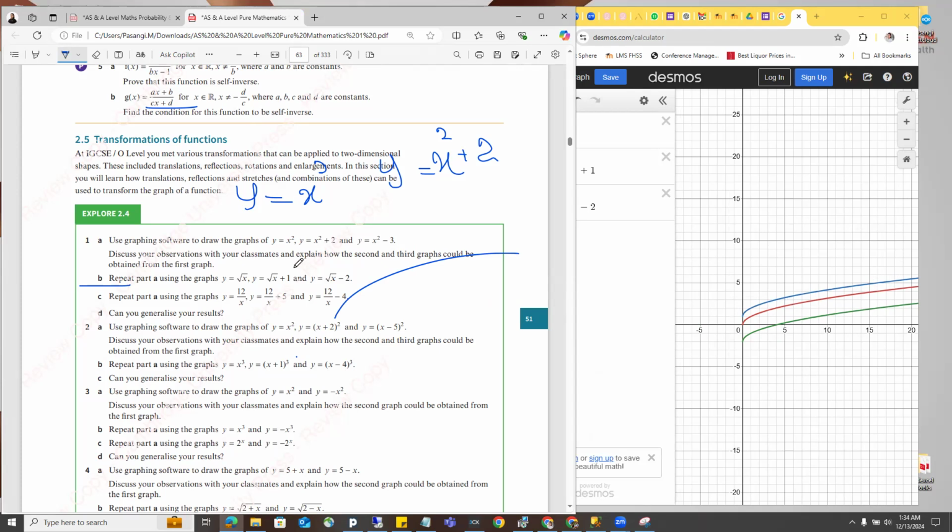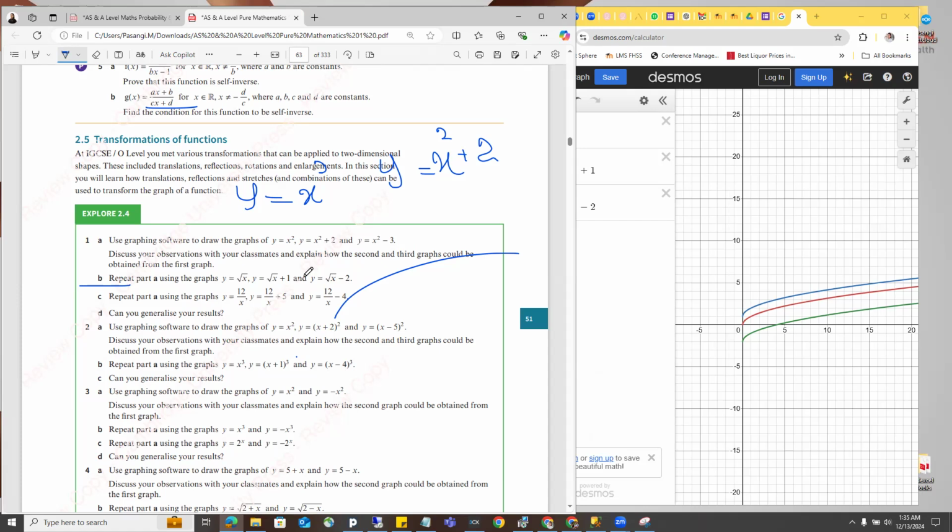If we have square root of x minus 2, then we need to take it down by 2. That is it. Is it clear? Then using the same thing, repeat part A using these graphs as well. Can you generalize your results? If we generalize our results, what would be the statement we have?